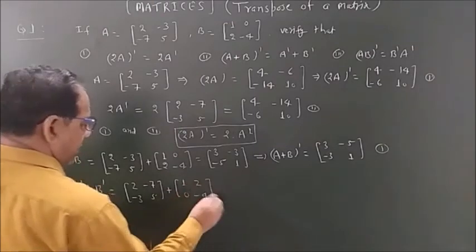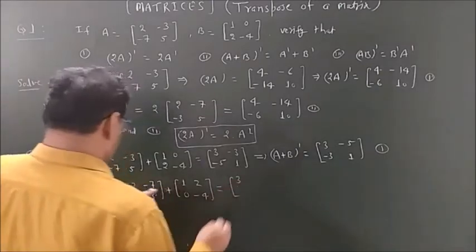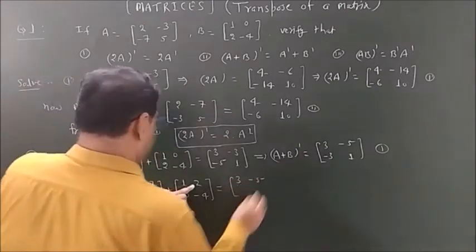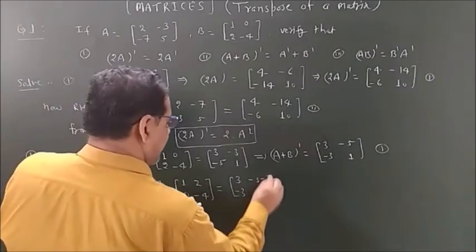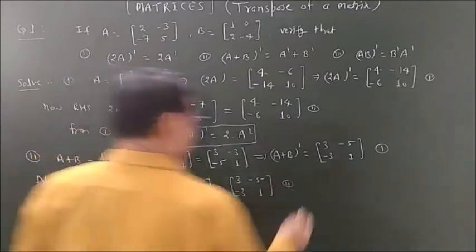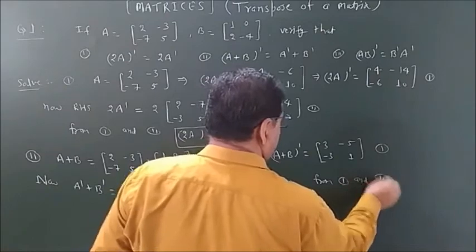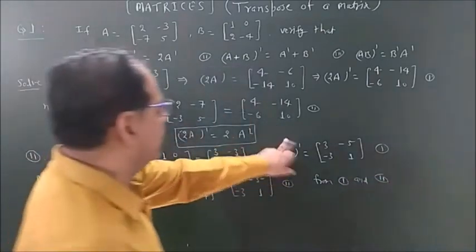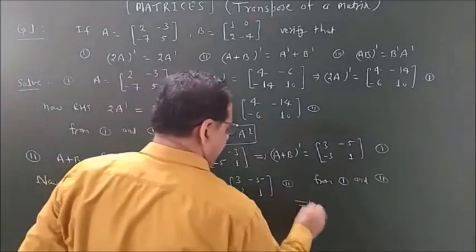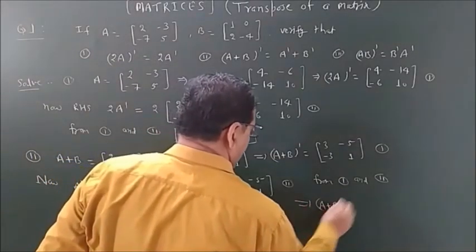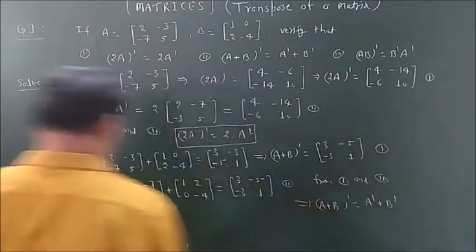We interchange the rows and columns of the given matrices. Addition gives [3, minus 5; minus 3, 1]. So from equations first and second, this is the value of (A plus B) dash and this is the value of A dash plus B dash. We have (A plus B) transpose equals A transpose plus B transpose.